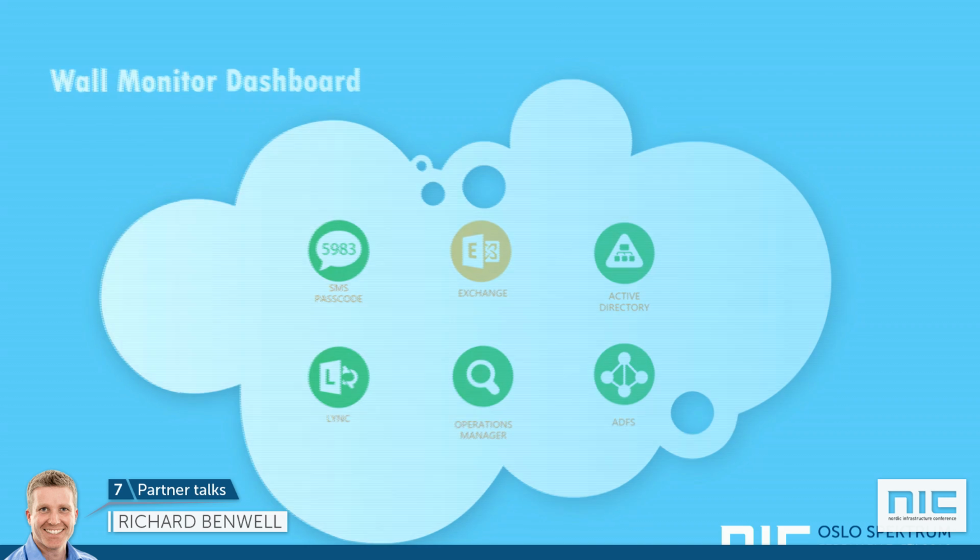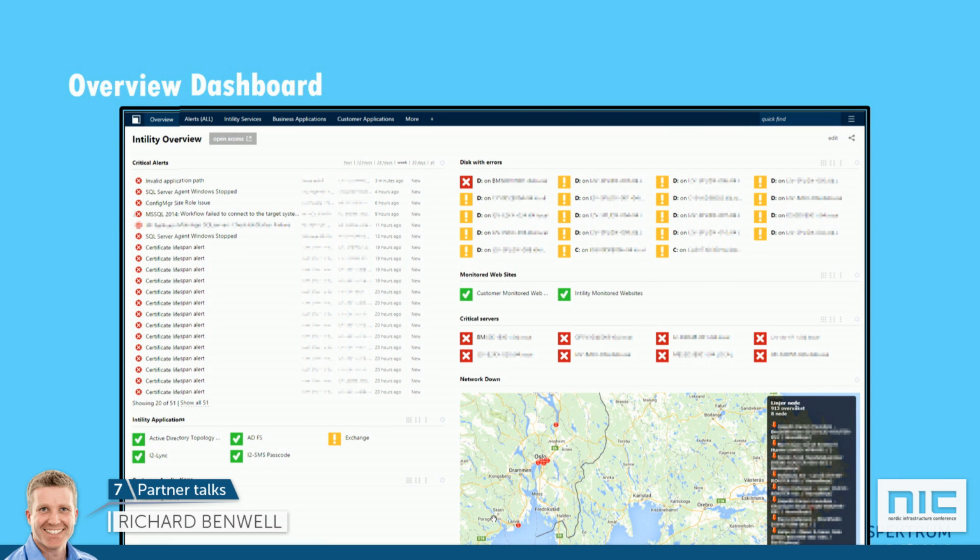For instance, the overview dashboard, which is used by our monitoring team, consists of a few bits. It's got the application status, like Exchange, which is also in warning state here.